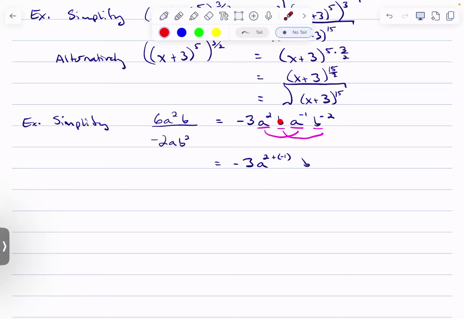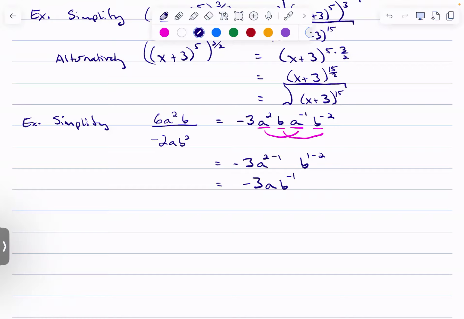Technically, b is b to the 1, we just don't usually write the 1. b to the 1 minus 2. Maybe I'll just skip to the 2 minus 1. So I get -3, a to the power of 2 minus 1 puts me at a to the 1, and b to the power of 1 minus 2 puts me at -1.